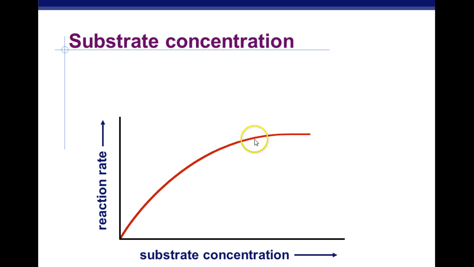So we can flood this thing now with substrate, and that reaction rate would go up, which would mean this line would shift this way. But eventually all that substrate would get used up, and the line would look exactly the same. So the shape of the line doesn't change, but it gets shifted this way.